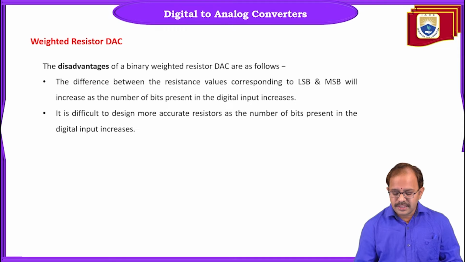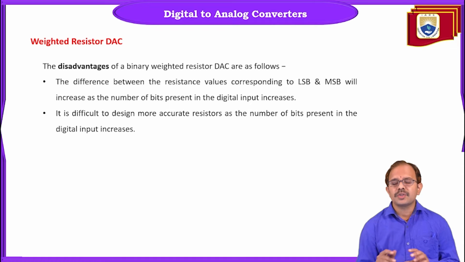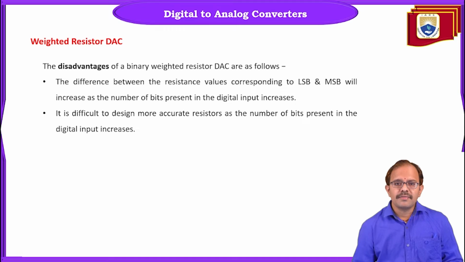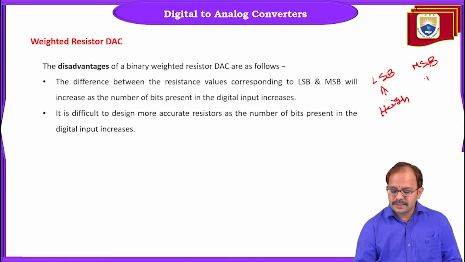And we said the resistance of the binary data is usually expressed in the form of a sequence. So we have LSB and MSB. The resistance value of the LSB is quite high compared to the MSB resistance, which is very low.